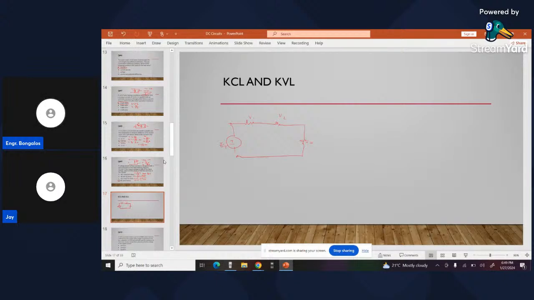Same din sa KCL. So, kapag in-add natin lahat ng current passing through a node naman dito, ito yung node. So, kung meron tayong current dito, I1, I2, and I3, kapag in-add daw natin ito lahat ng current, the result is 0.